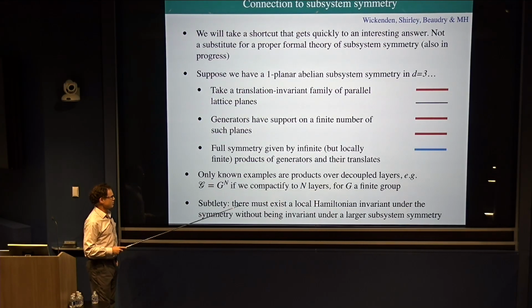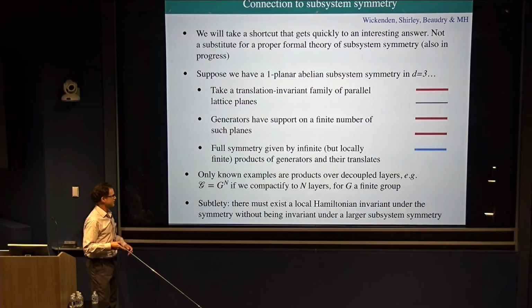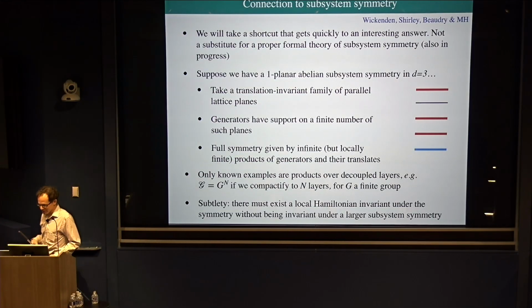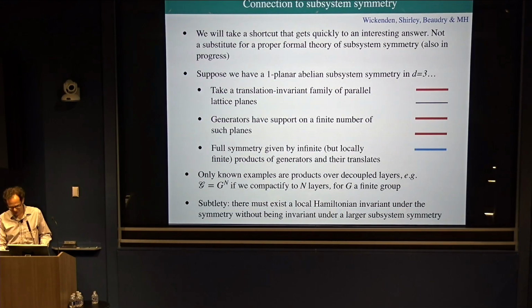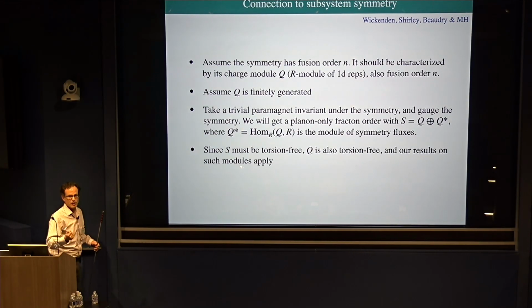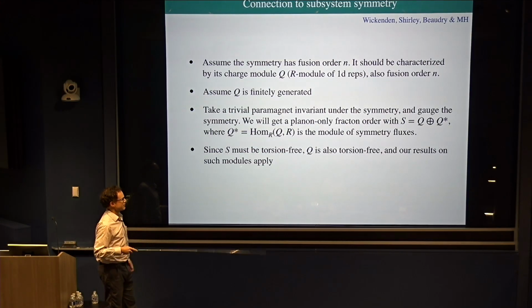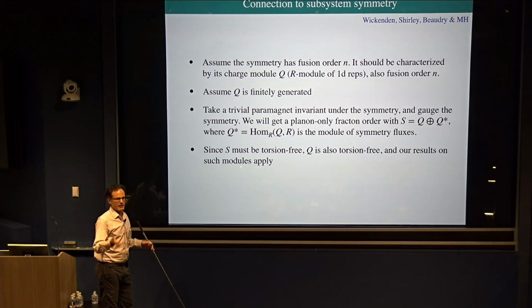It was not known previously that these symmetries could be interesting, because all the known examples, I believe, are just products over decoupled layers, which is not that interesting. It's kind of like a decoupled layer fracton order. Okay. But what we can do, using things that we learned from thinking about planon-only fracton orders, is not try to think about the symmetry itself, but think about its charge module.